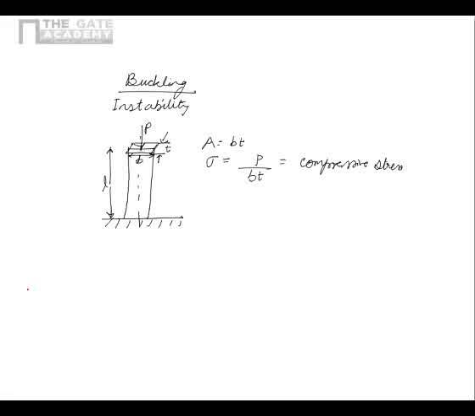The reason for that is that nothing can be built which is symmetric and which has exactly one vertical line at the center along which the load always acts. It's not possible to have all these conditions happening. It's impossible in nature. So because of that, this column also bends.